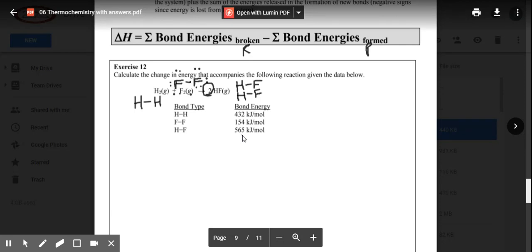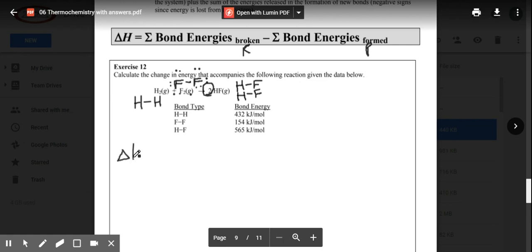Let me just say HF is 565. But there's actually 2 of these structures. So it's going to be 2 HF bonds that I have present there. So I'm going to have to multiply this bond energy right here by 2 when I plug it into my equation. So now that I have my bonds sketched out, I get to calculate my delta H of the reaction.